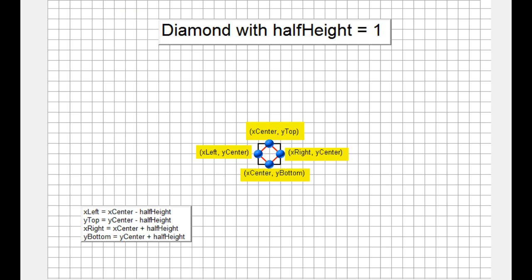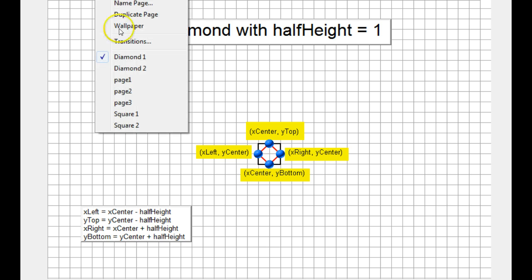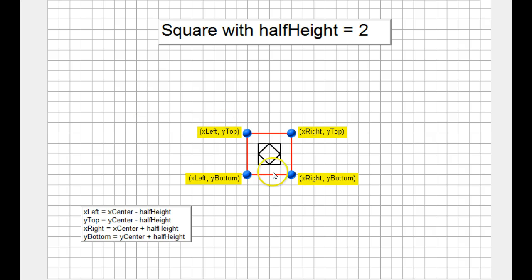Then when we iterate again, let's take a look at what happens. Now we go to square 2. We've drawn this square, we've drawn this diamond, and now we're drawing the next square. What happens here? Again, this time we're subtracting 2 from the x center to get x left. So now the half height is 2, and then 2 to get the top, and so on.